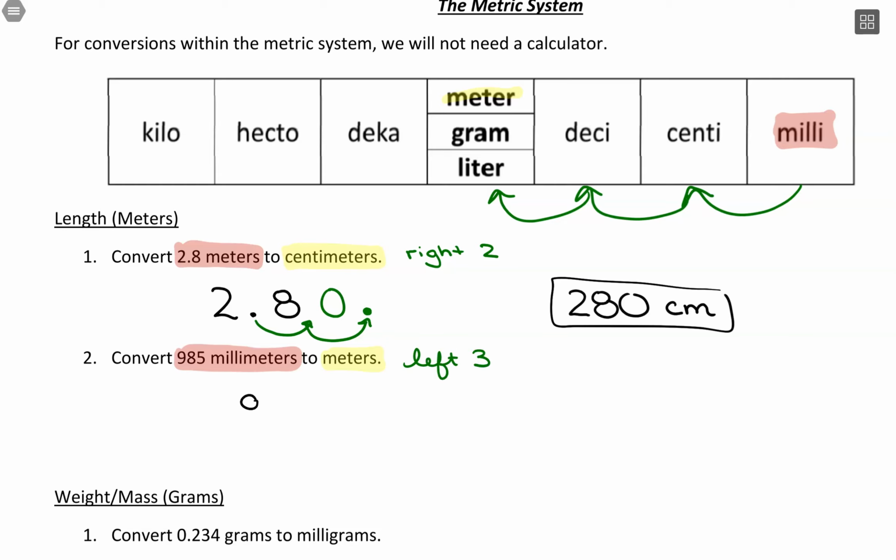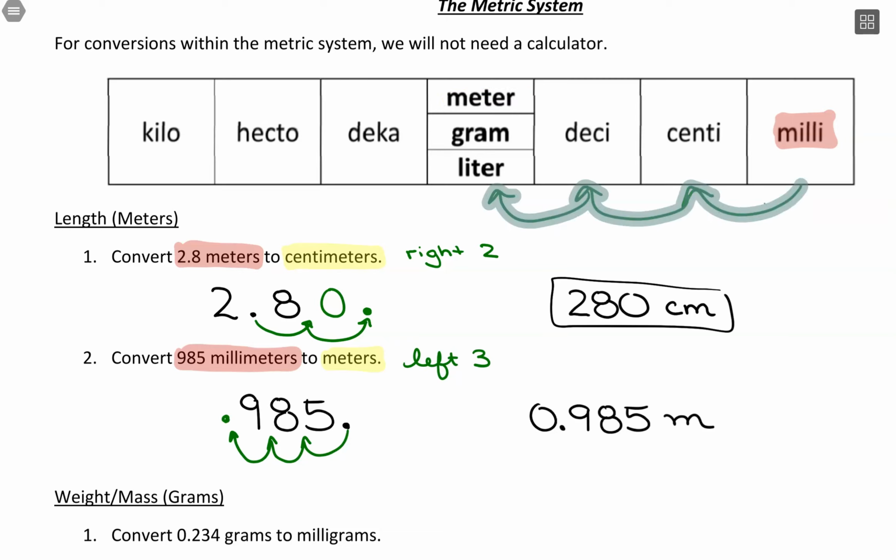If I have my 985 and my decimal is technically there at the end, then I would go to the left 3. So 1, 2, 3 to end up with my decimal there. That means we would have 0.985, and now we're in meters, and we're done.